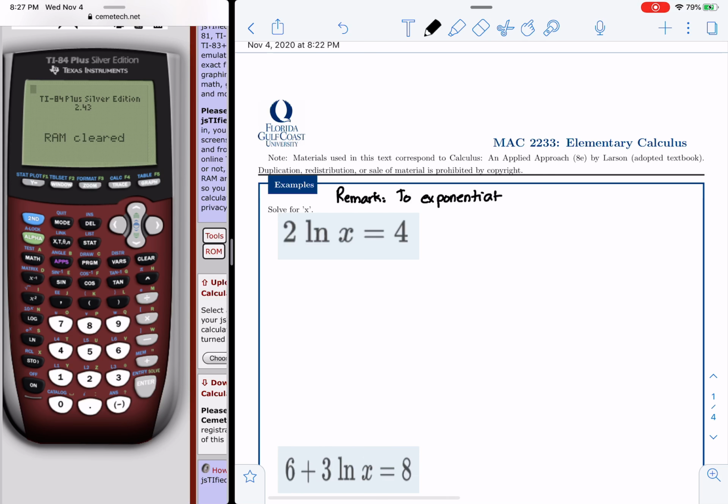So to exponentiate simply implies raising to the power of e when we have natural logarithms.